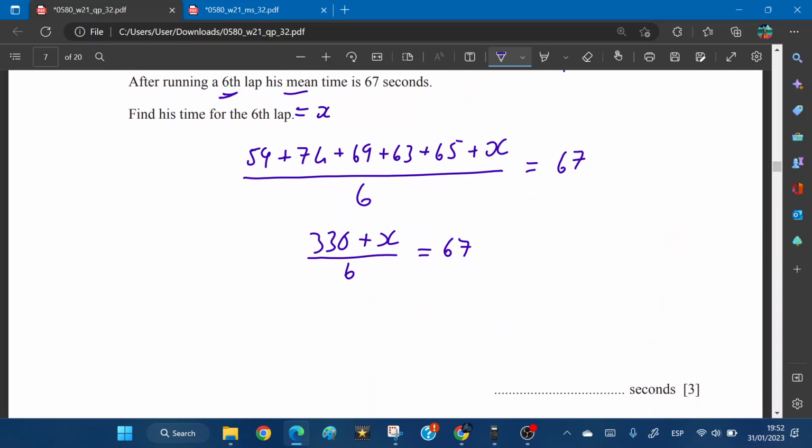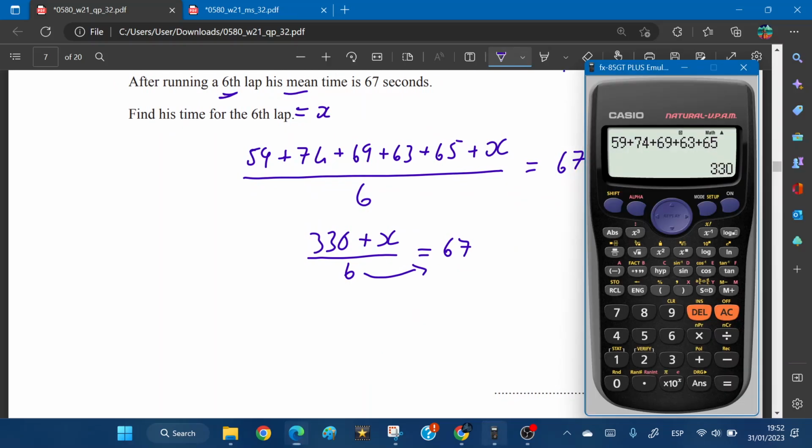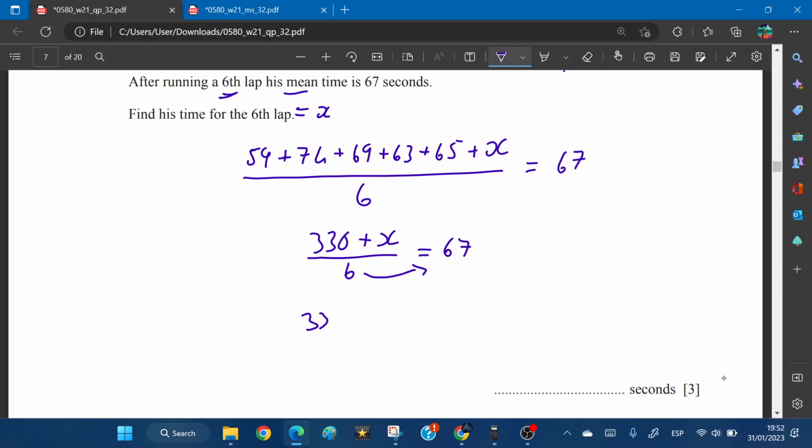Right. Let's move that 6 to the other side. We're going to multiply it. So what is that? 67 times 6. That's it. It's an ugly 3. Make it look better. 330 plus x equals 402.